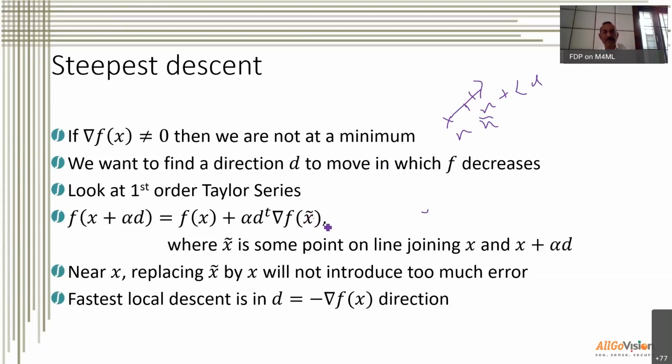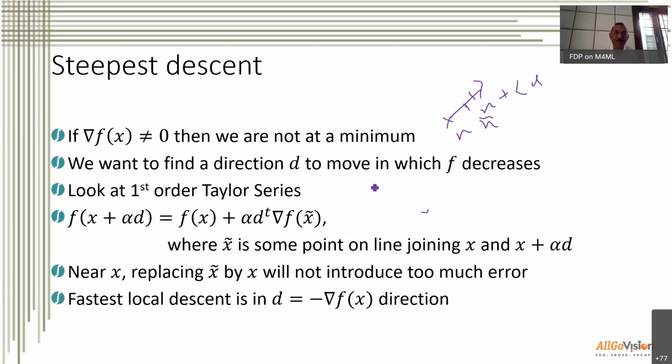If we had added higher order terms, then this would have been still x. Since we don't want to do that, we want to only truncate to first order, this is the situation we have. Now, if I don't move too much from x, then it is fair to assume that x tilde and x will not be too much different from each other, and that will not introduce too much error.